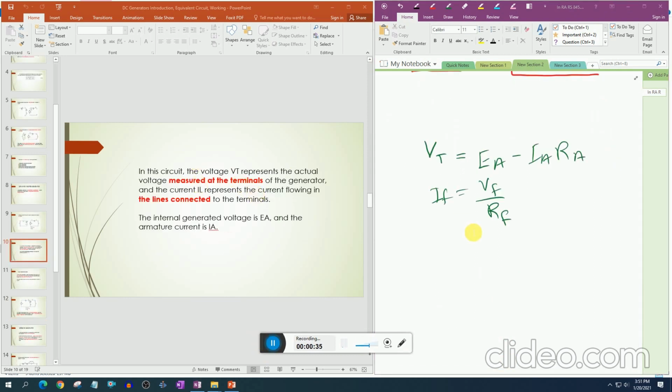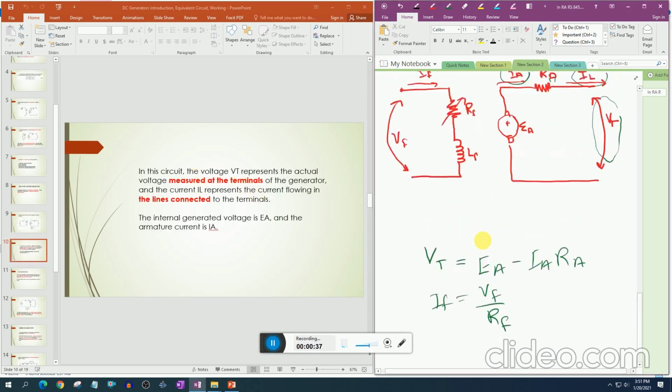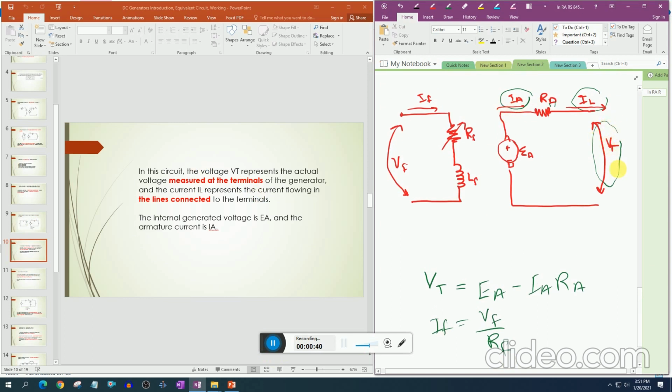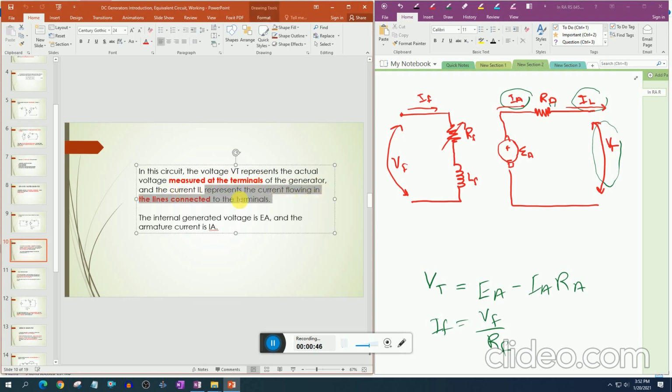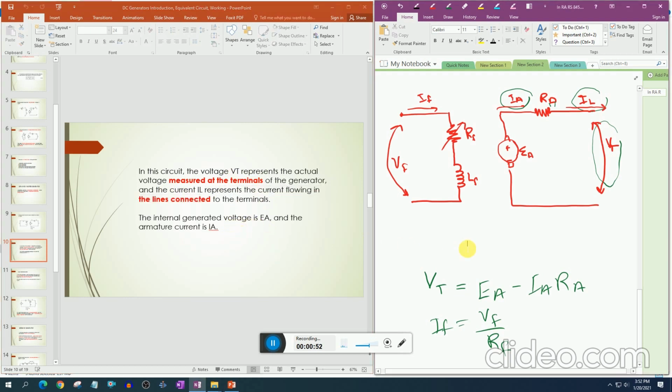In this circuit, the voltage VT represents the actual voltage measured at the terminals of the generator, the current IL represents the current flowing in the lines connected to the terminals, the internal generated voltage is EA, and the armature current is IA.